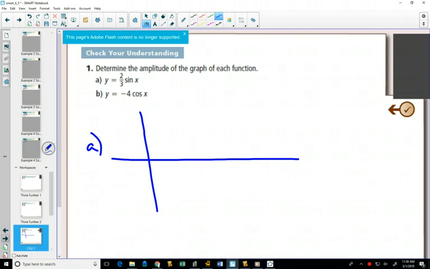When we multiply it by 2/3, our maximum value now is going to be at 2/3, and our minimum value is going to be at -2/3. So in part A, our center line is still going to be at 0, and our amplitude is going to be 2/3.